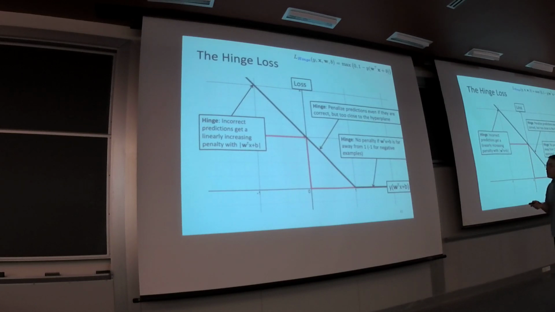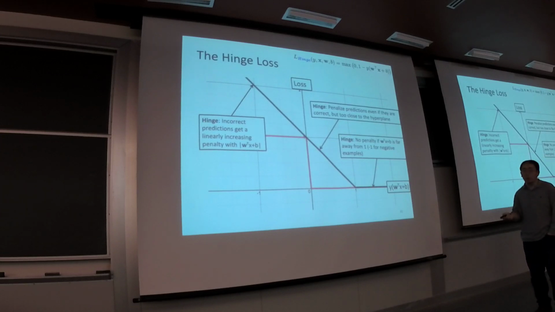And if your function margin is larger than 1, then we're satisfied. You have 0 penalty. That means your hinge loss reaches the minimum value. As long as it's bigger than 1, no matter how much more correctly you give the prediction, we just give you the reward 0. We don't increase the reward.